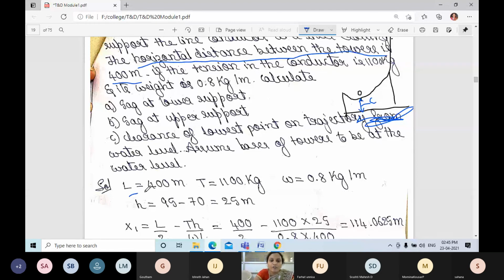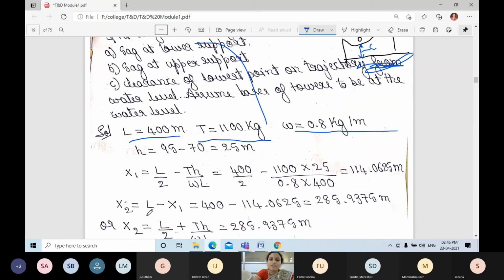L is equal to 400. Next, they have given tension 1100 kg. So T is equal to 1100 kg and weight W is equal to 0.8 kg per meter. Next, H is equal to S2 minus S1. S2 value is 95 and S1 value is 70. You will get H value is equal to 25 meter.